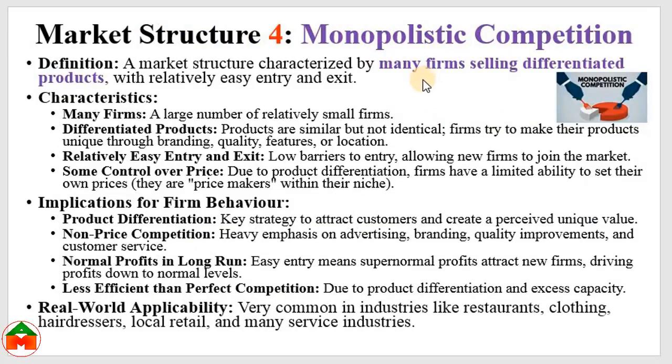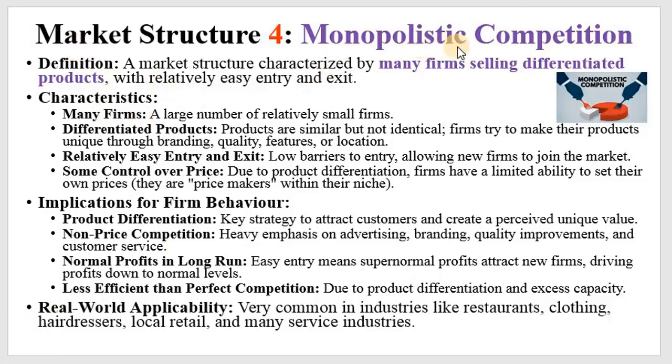Now we can see the last type of market structure, which is monopolistic competition, where there will be a large number of firms, but they are selling differentiated products, I mean not similar products, and there will be easy entry and exit.